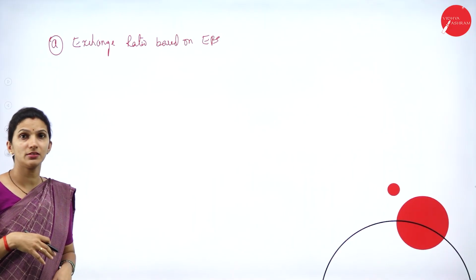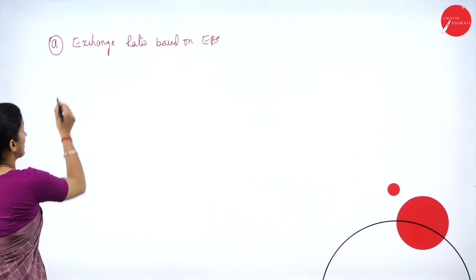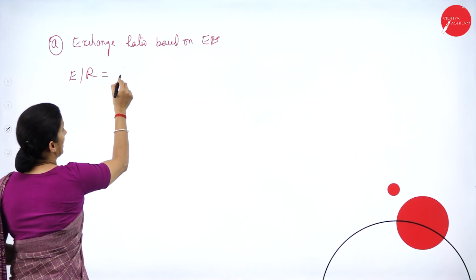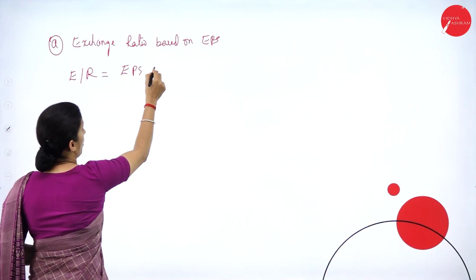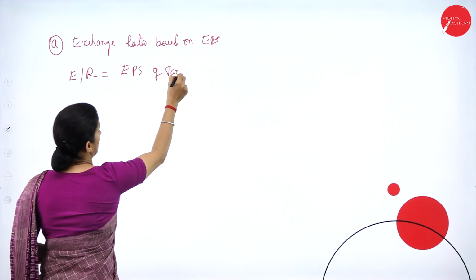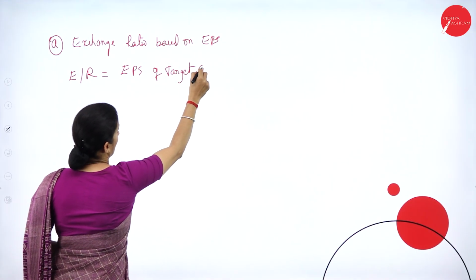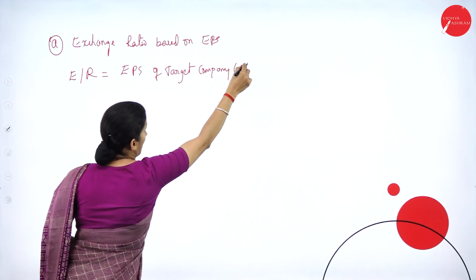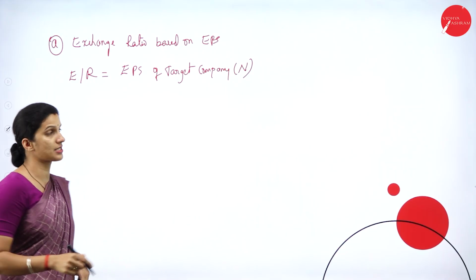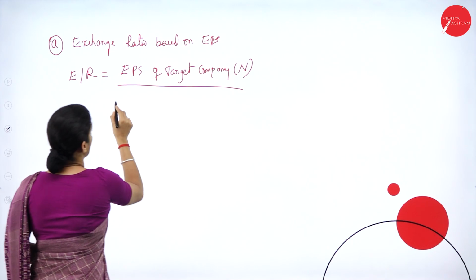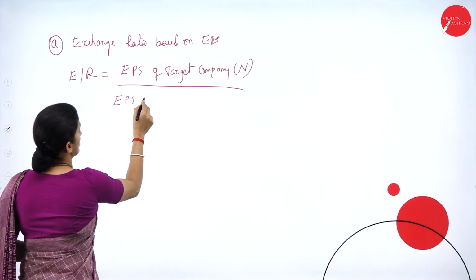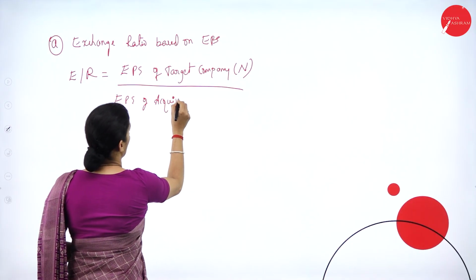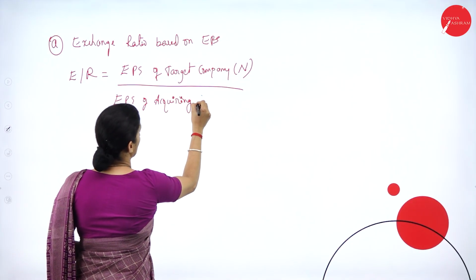When we consider the EPS, your exchange ratio formula is: exchange ratio is equal to EPS of target company, here your target company is N Limited, divided by EPS of acquiring company.